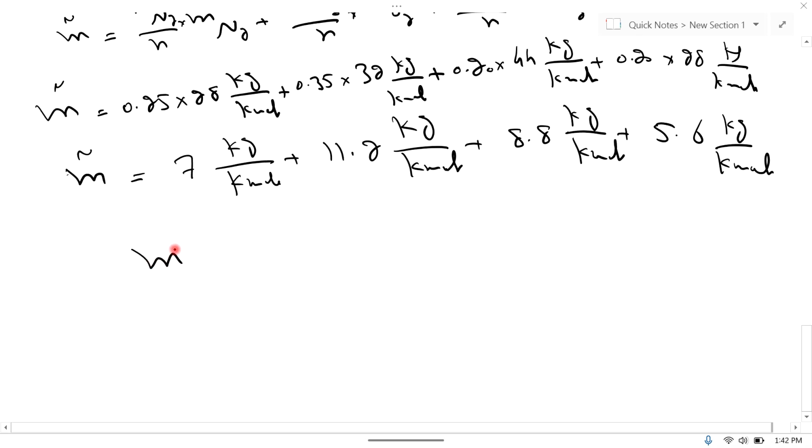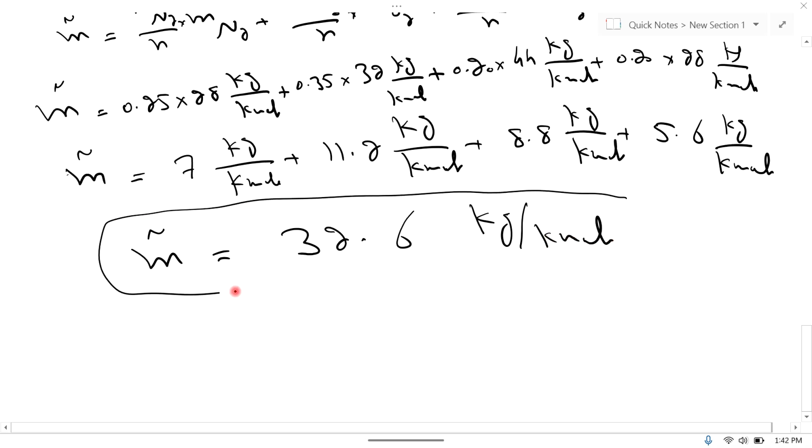Now add all these values. So molar mass is equal to 32.6 kilogram per kilomole. So this is the solution of the first question.